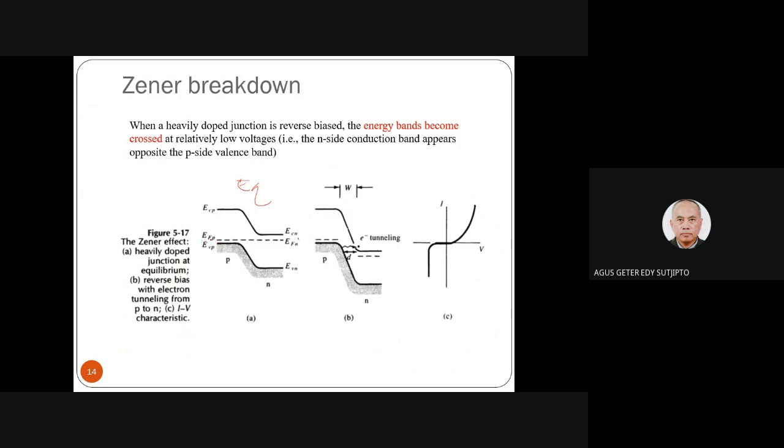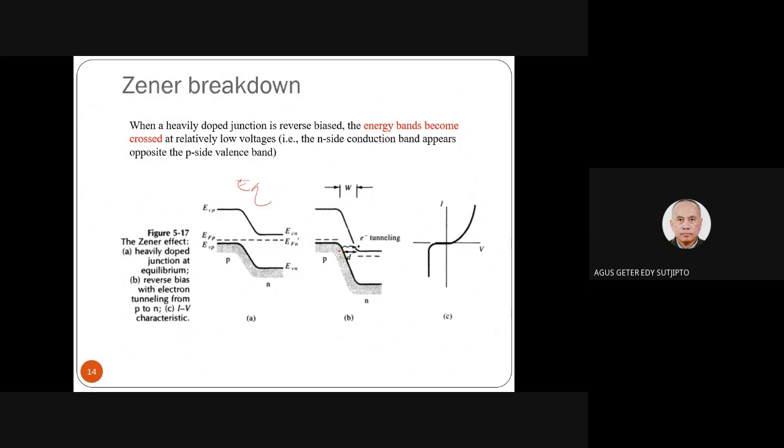We have the Fermi level here in the middle, and when we apply the reverse bias, the voltage difference between the P and N will be higher, and that closes the gap between the valence band and the conduction band, allowing the jumping of electrons from the valence band to the conduction band.